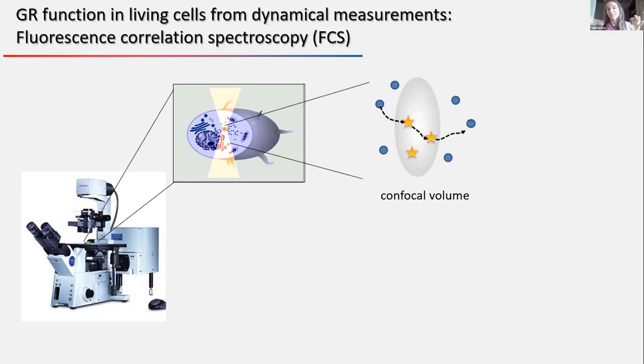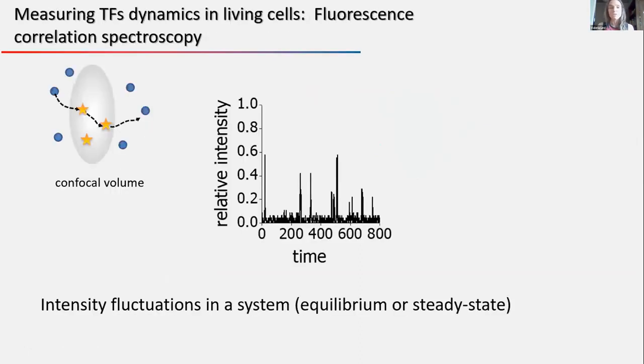So molecules are there in the sample. And what we are going to do is acquire the intensity as a function of time by using a frequency at time, if you want, the sampling time, in the order of microseconds. So if we do that, what we are going to collect is the following.